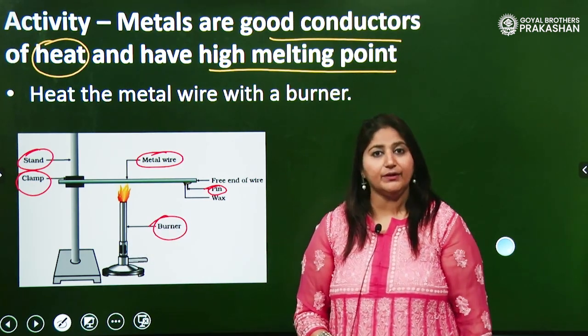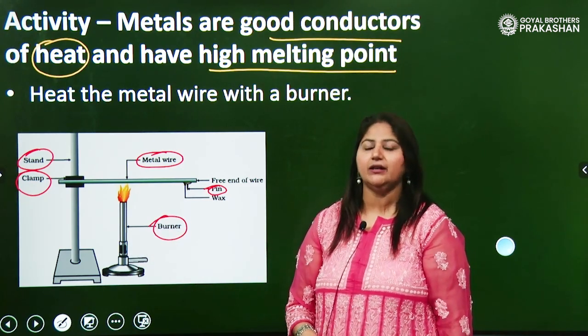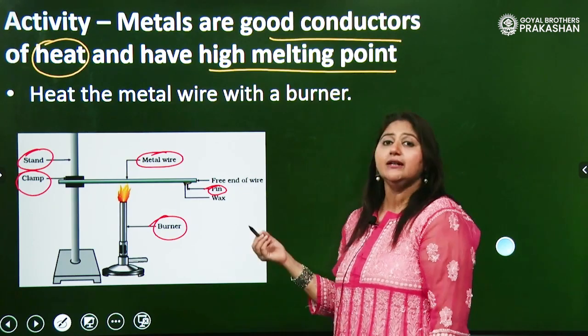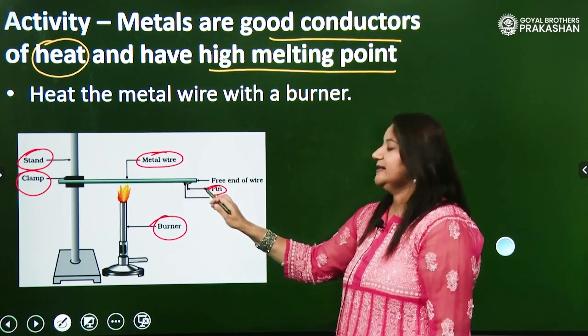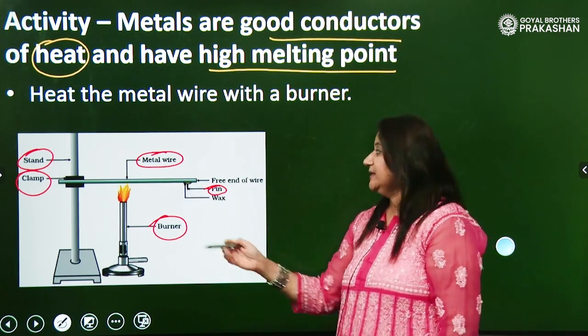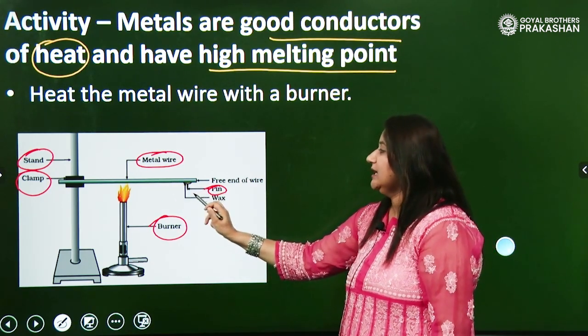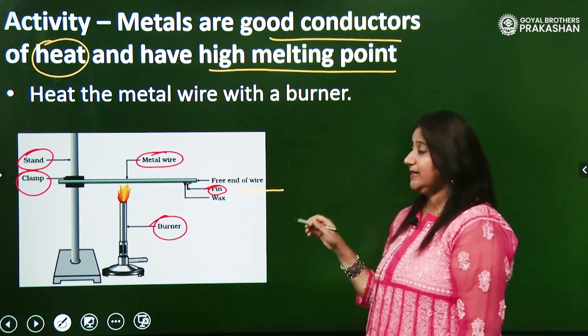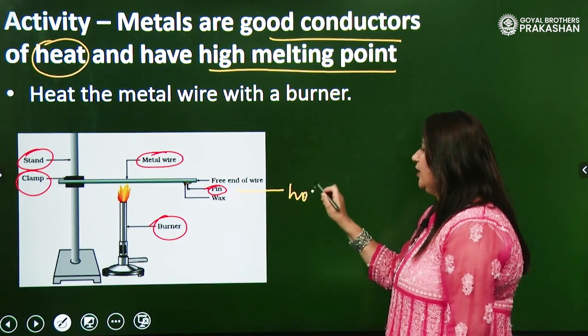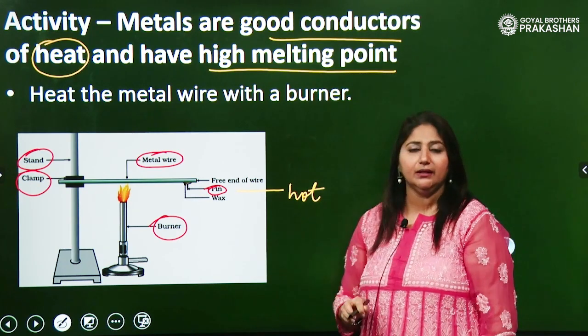So what will happen when you start heating a metal wire using a burner flame? Children, gradually you will find that this metal wire is getting hot, and if you touch this pin, you will find that the pin is also getting hot. How is it possible?